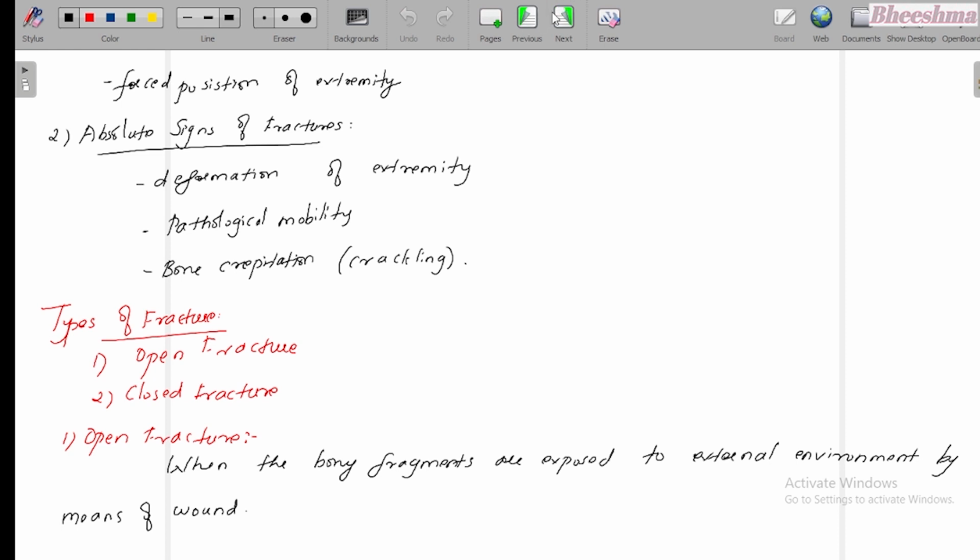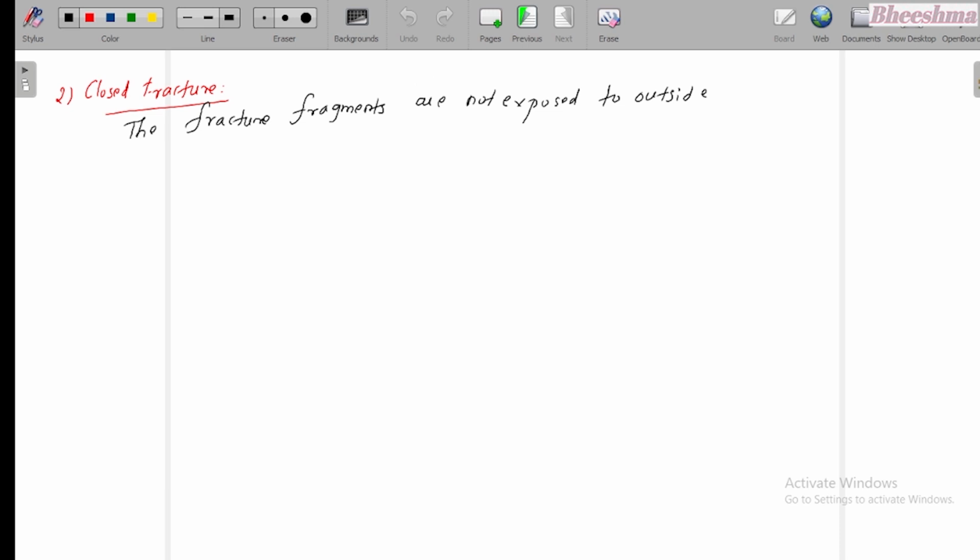But in case of closed fracture, the fracture fragments are not exposed to outside. These are about the types of fracture.